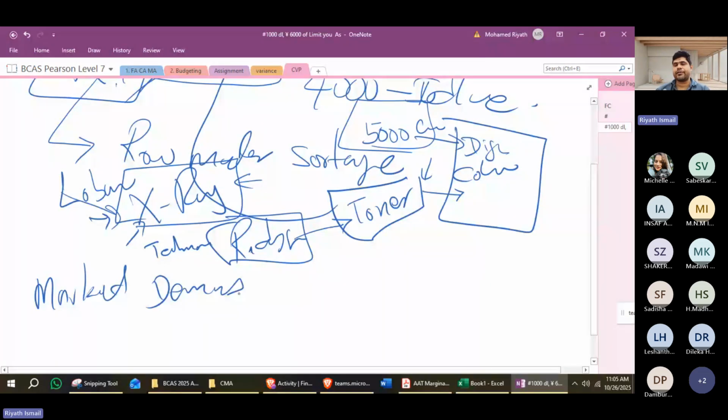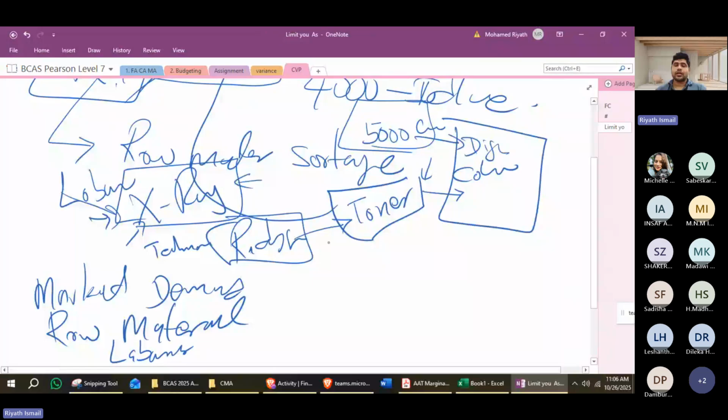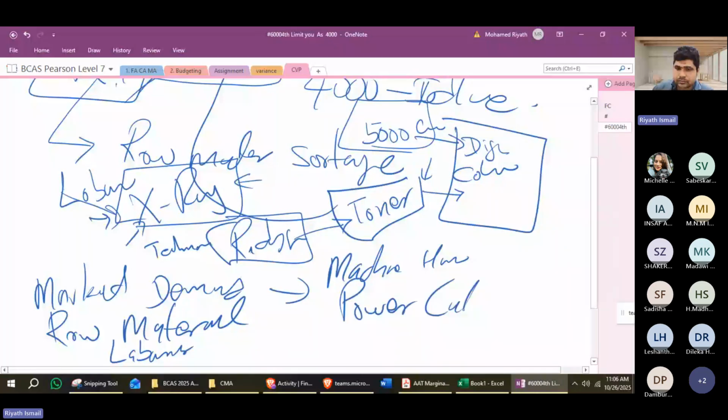So in the market, you may have very limited demand, and the raw material may limit your production capacity, and the labor, sometimes machine hours. Say during the power cut season in 2022-23, there was a huge power cut.